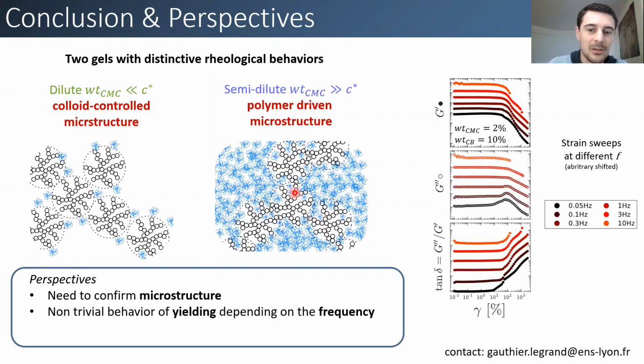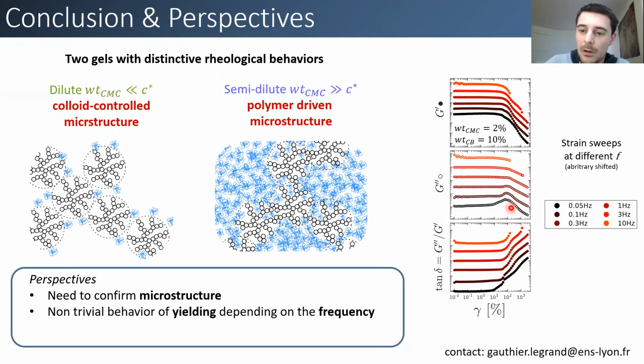And also something that is very thrilling to us is this non-trivial behavior of the yielding depending on the frequency. So we chose one typical gel and we changed the frequency at which we applied the strain sweep. We arbitrarily shifted these curves so that they are more visible, and you observe that there is a continuous change in the shape of the overshoot of the loss modulus as a function of the strain.